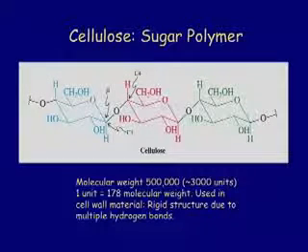Okay? So we have this equatorial OH of this molecule blocks the hemiacetal function, which is also equatorial. So it's a di-equatorial form of the linkage. And it uses the beta or equatorial OH of the hemiacetal.